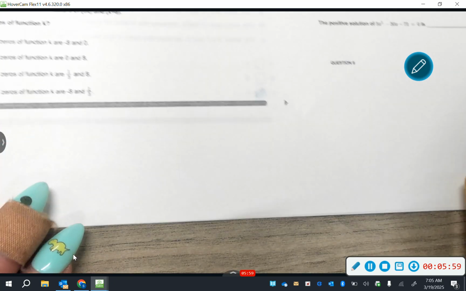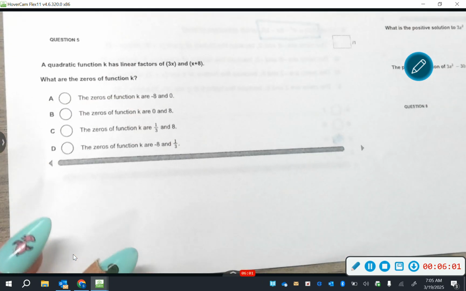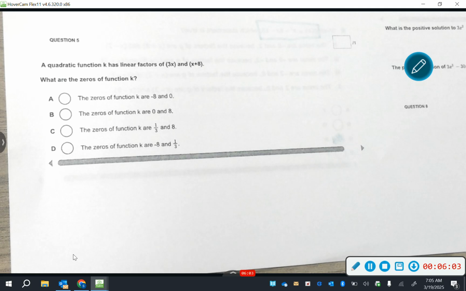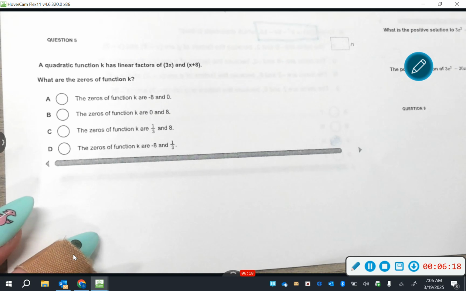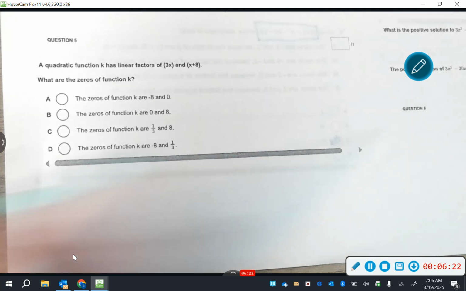So down to question 5. So the quadratic function k has linear factors of 3x and x plus 8. What are the zeros of the function? So, well, if I know those are my factors, why can't I just go plug these in? Technically. But we can also solve it. I'm gonna do both.